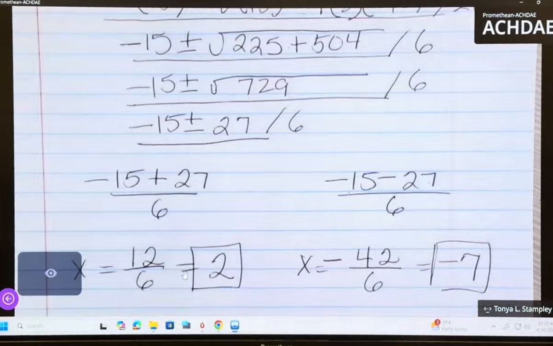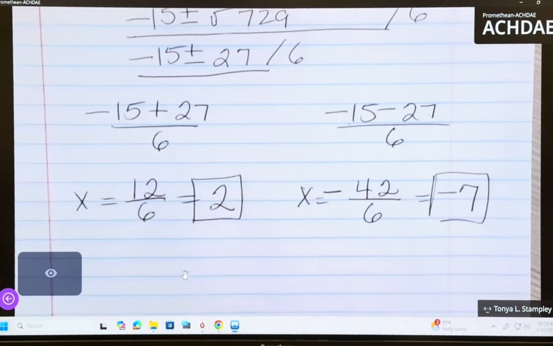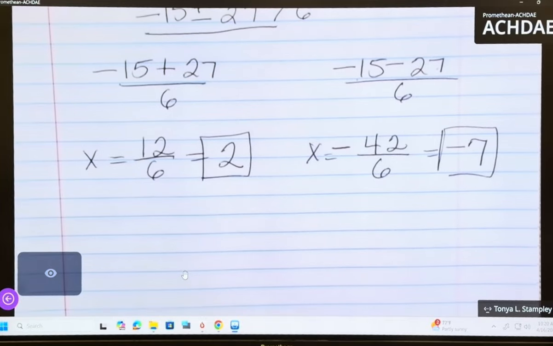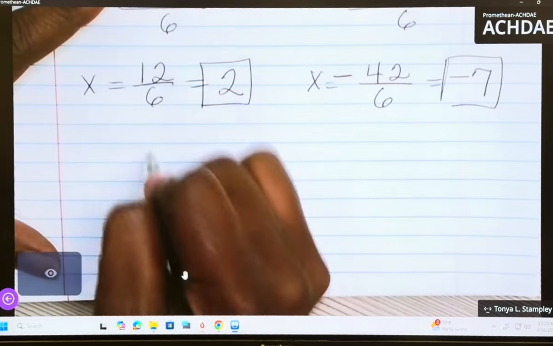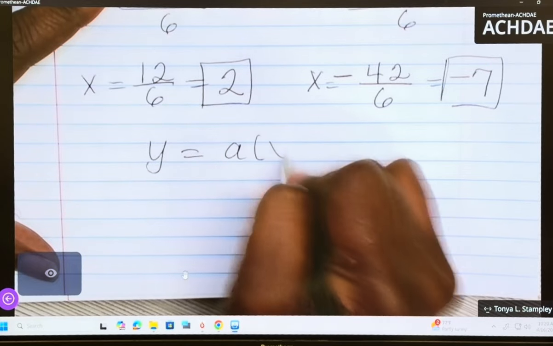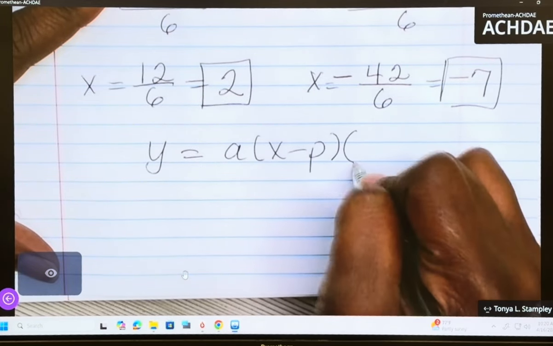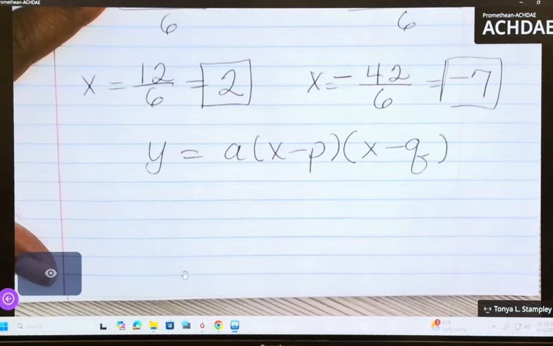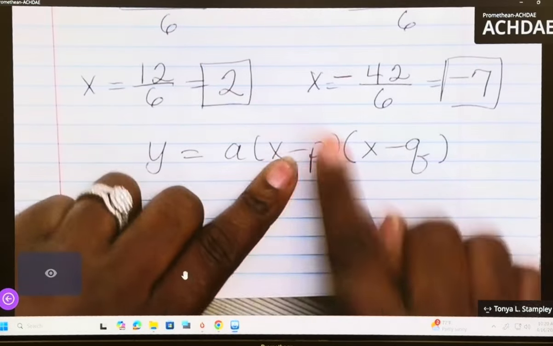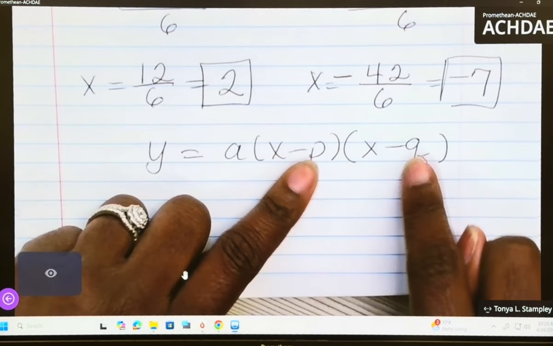Now you got to remember when you plug those into your factored form, right? They're going to follow those minus signs. So remember, factored form is y equals a times x minus p times x minus q, correct? So we're going to plug these numbers in behind these minuses.